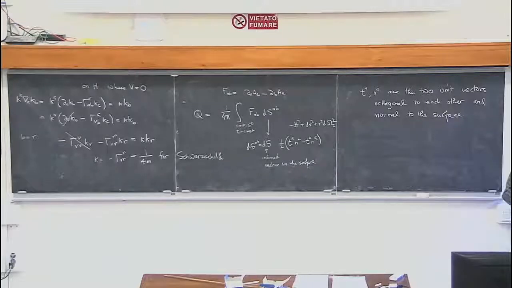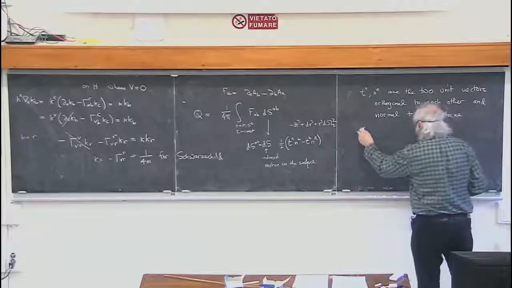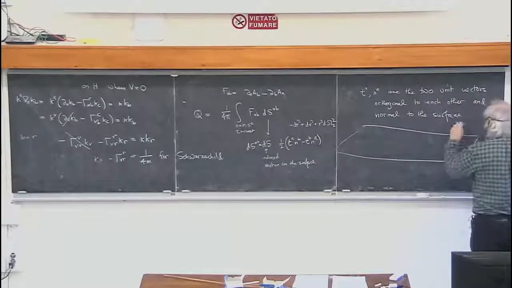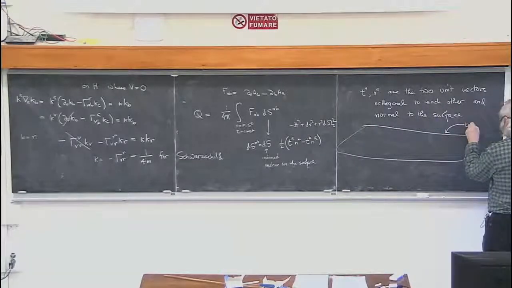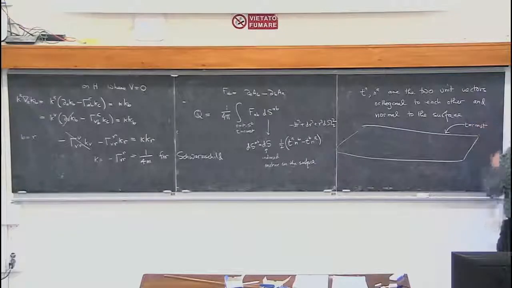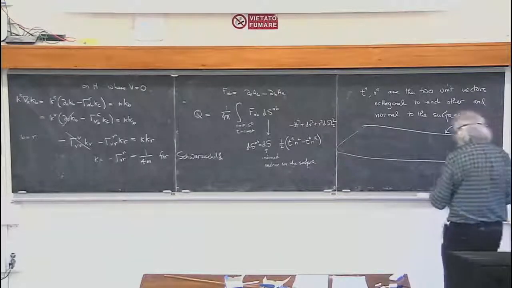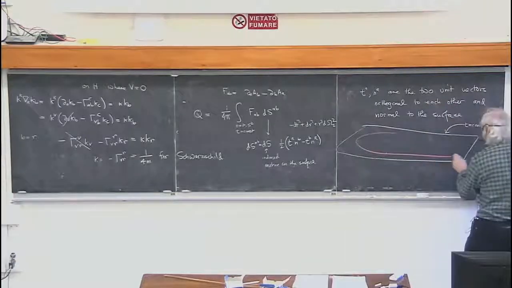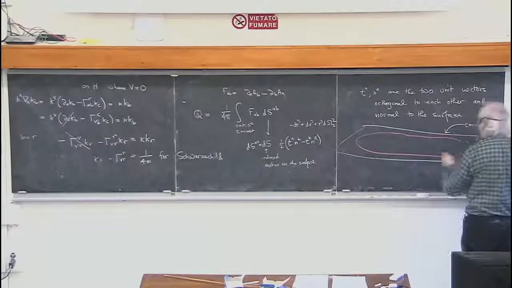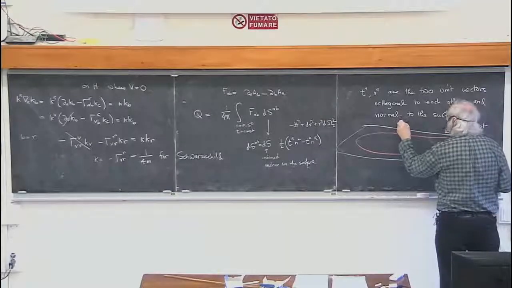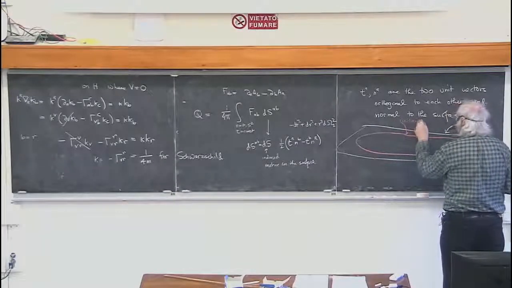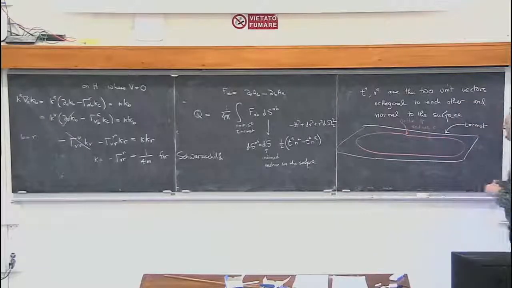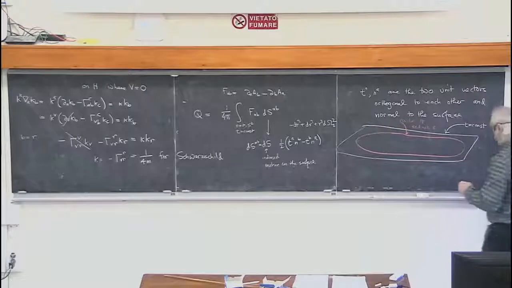Let's try and draw a picture of that. Here is a surface that's enormous of t equals constant. I can construct a big circle of radius r, and ask myself, what are these unit vectors?